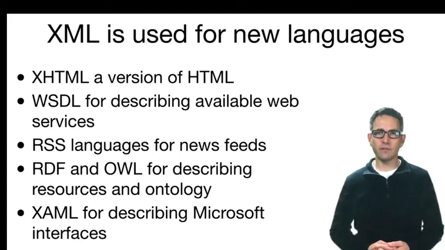If you've ever used a newsfeed reader, newsfeed readers rely on getting an RSS file, a file whose extension is RSS, and RSS itself is a particular set of tags that are expressed using the XML syntax. RDF and OWL are used for describing the semantic web or resources and ontologies, and XAML is used for describing user interfaces on the Microsoft platform. Again, it is an XML document that has a certain set of tags that are expected by Microsoft software.